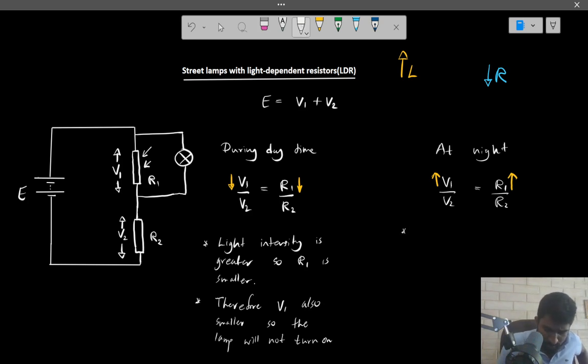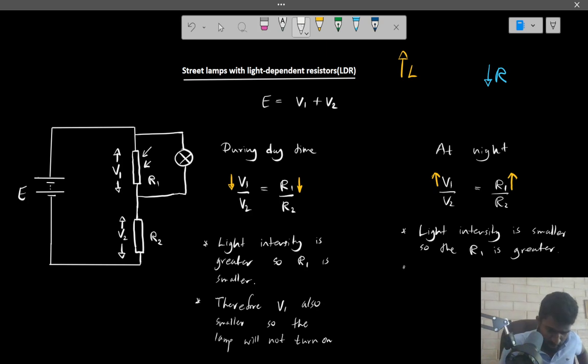So you can write, at night, light intensity is smaller. So the resistance R1 is greater.